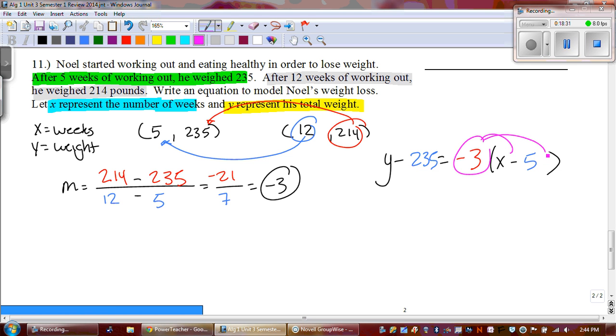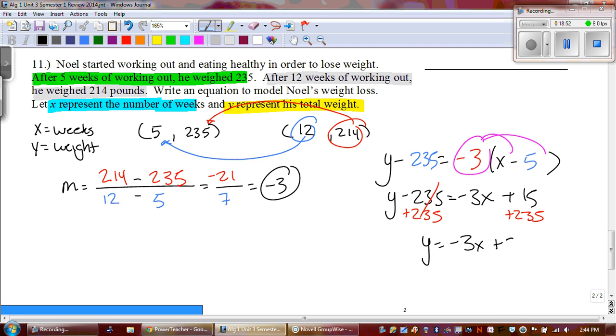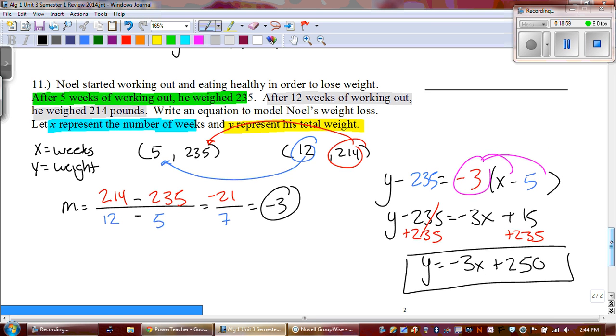So you distribute the negative 3, and you get Y minus 235 equals negative 3X plus 15. Okay, to get the Y by itself, we add 235. And then we get Y equals negative 3X plus 250. And that is our final answer. That is the equation.